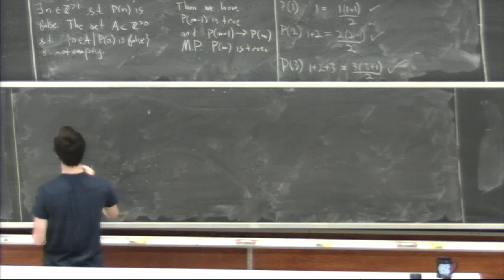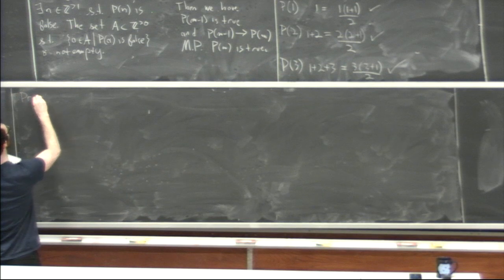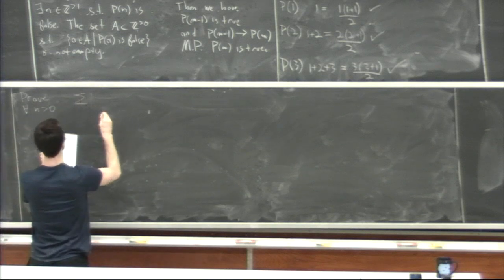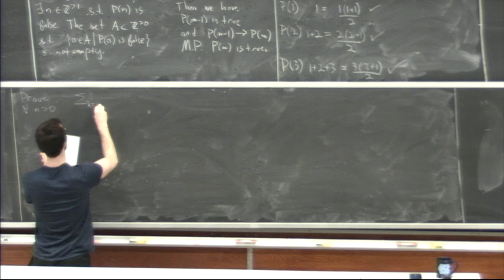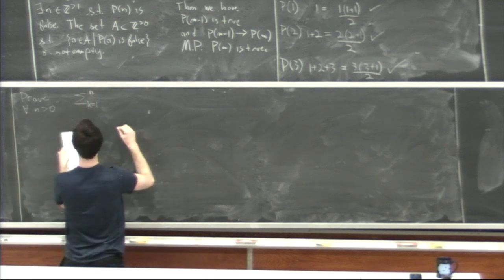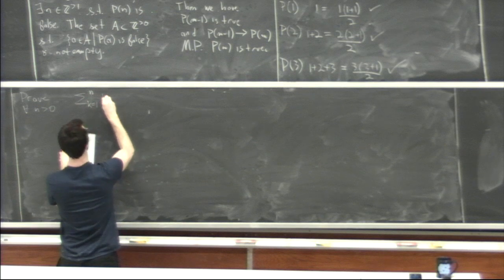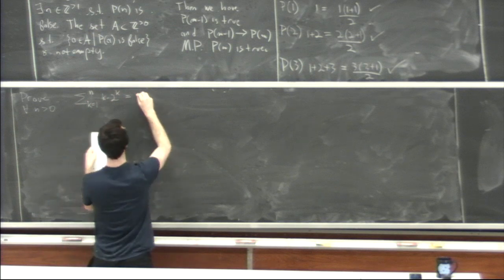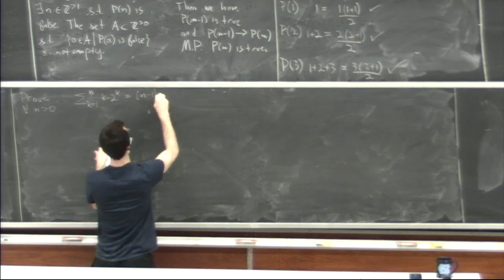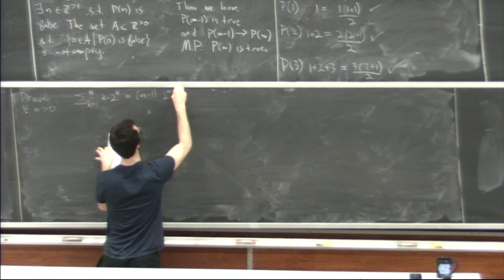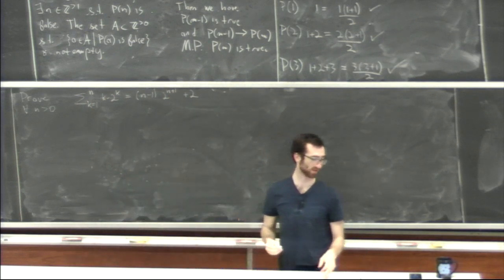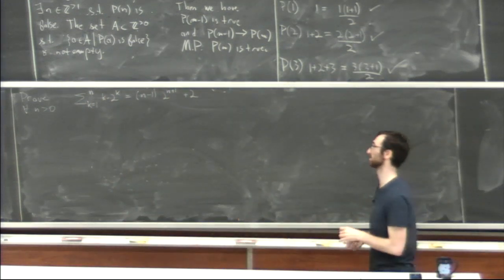Let's prove for all n greater than 0 that the sum from k equals 1 up to n of k times 2 to the k is equal to (n minus 1) times 2 to the n plus 1, plus 2. You can get some really zany and interesting expressions that you're dealing with in this induction.